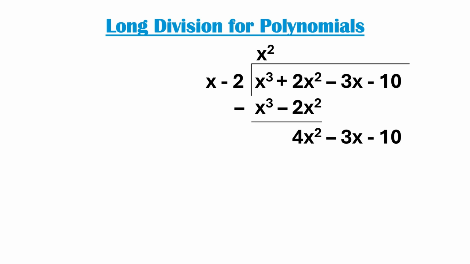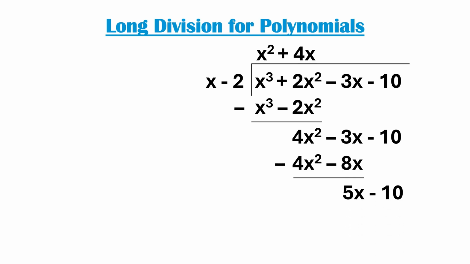From here, you then repeat. What do you do to get from x to 4x squared? Well, you times it by 4x. So you do the same to the minus 2 as well. Subtract it. Write down what you've multiplied by first, then subtract it, and then get the remainder. And then you can clearly see that's just a multiple of 5.